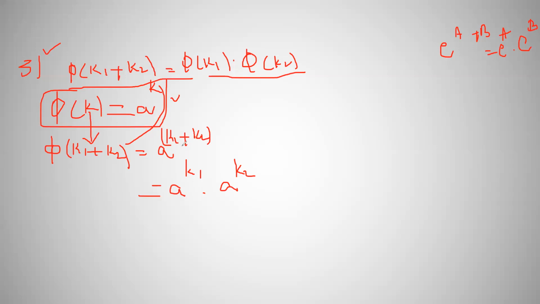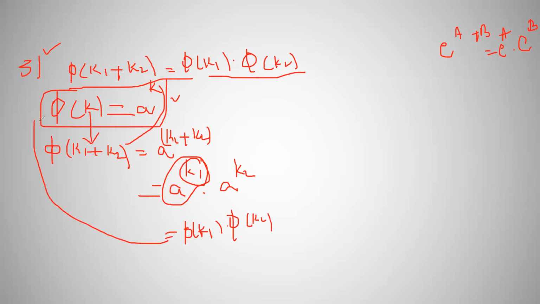This is in the form of e power a plus b, so A power k1 gives phi of k1, and A power k2 gives phi of k2. Hence the third property is proved: phi of k1 plus k2 is equal to phi of k1 into phi of k2.